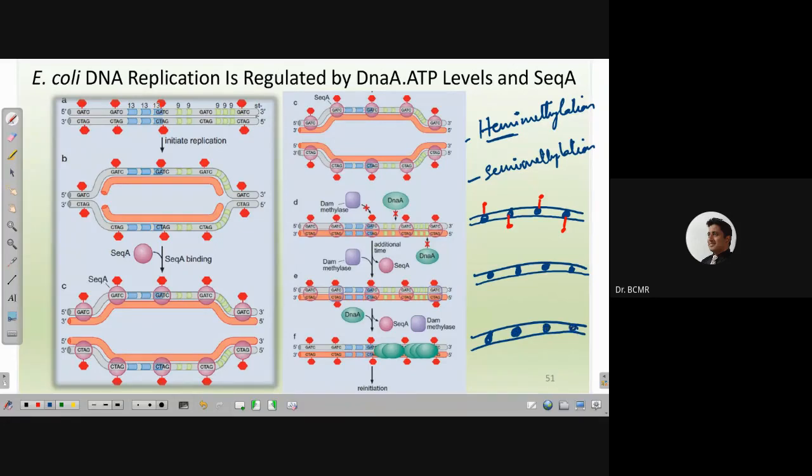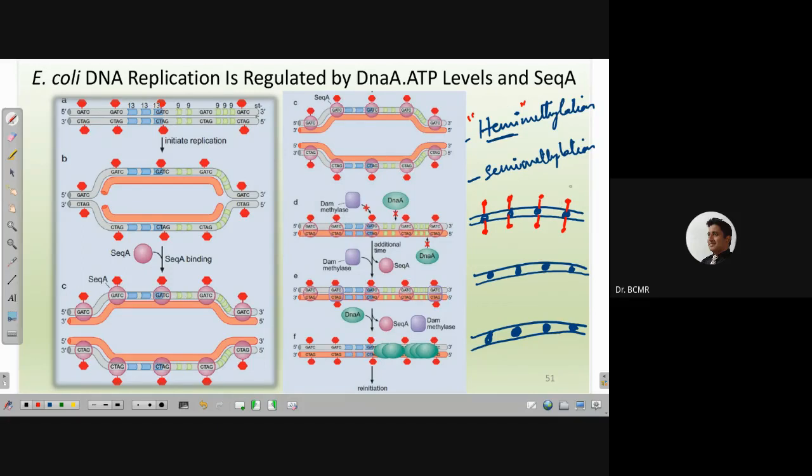Molecular biology, like any biology, requires a lot of memory. You have to memorize a lot of stuff, and there is too much to memorize. In that case, one should try to associate and learn the terms properly. And that is what I'm trying to do. What is hemimethylation?